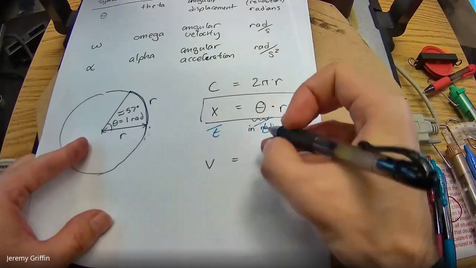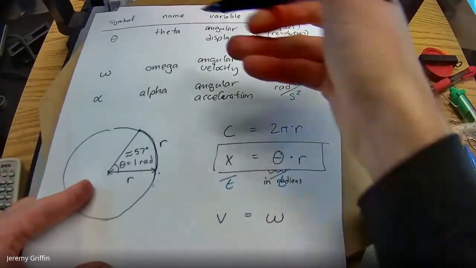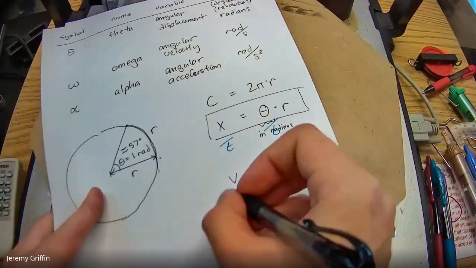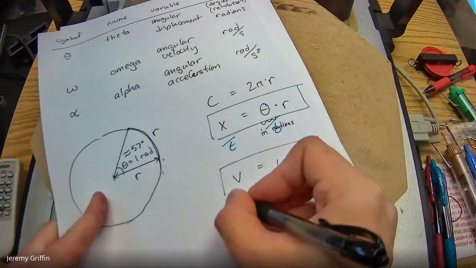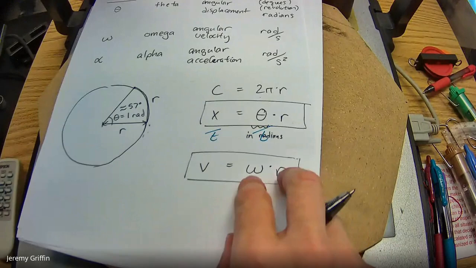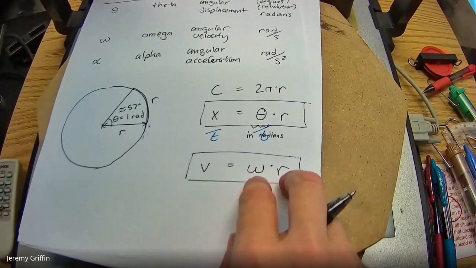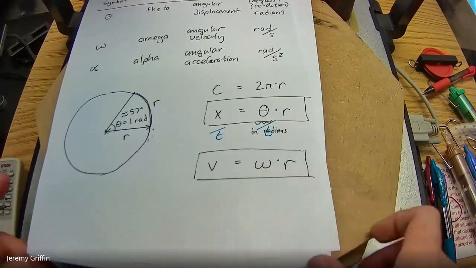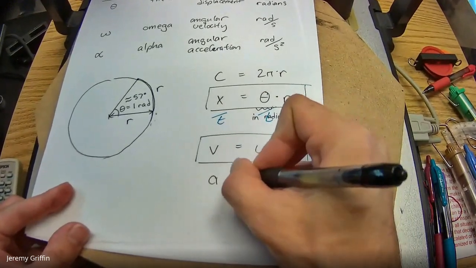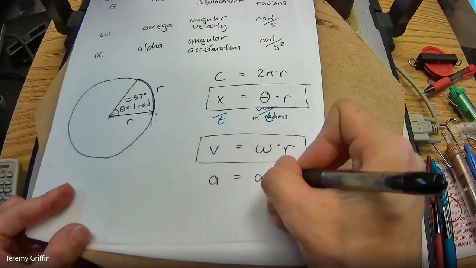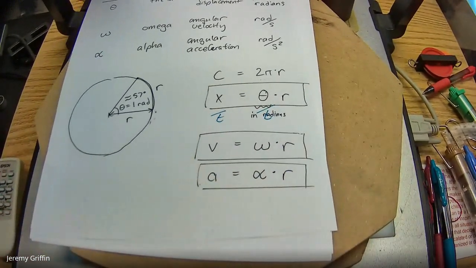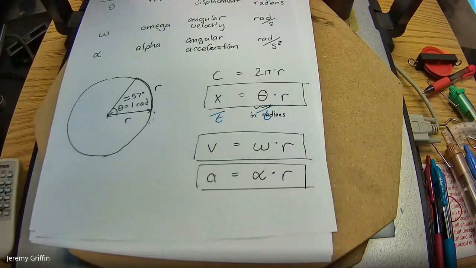And then what is theta over t? Well, that's omega, right? Radians per second, multiplied by your radial distance from center. Oh, now we got another expression. How fast are you moving as a function of how fast you are spinning and where you are located from the center? Do you guys think you could finish this out with acceleration also and say that your linear acceleration is equal to your angular acceleration multiplied by your radial distance from the center? Now you have a way to translate back and forth between these kinematic values.